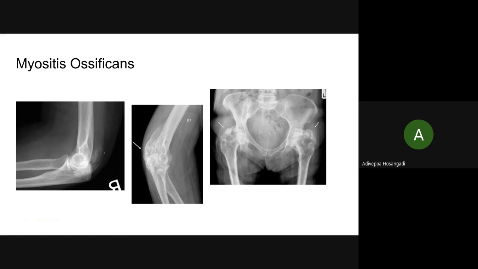What is important is, if you are not trained in seeing such radiographs, you will mistake this for a bone tumor. Understand? All the bones are normal here. There is no breach in the normal bony architecture.